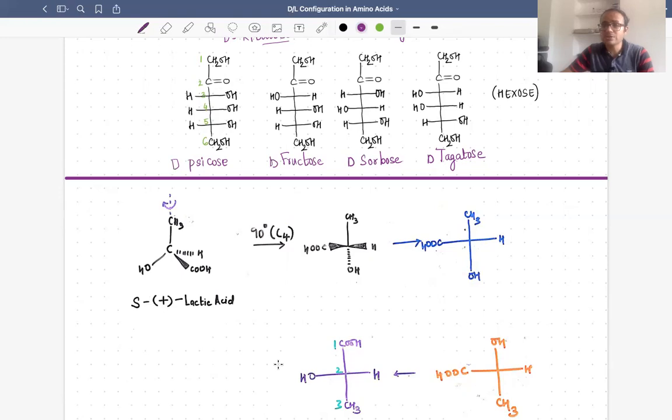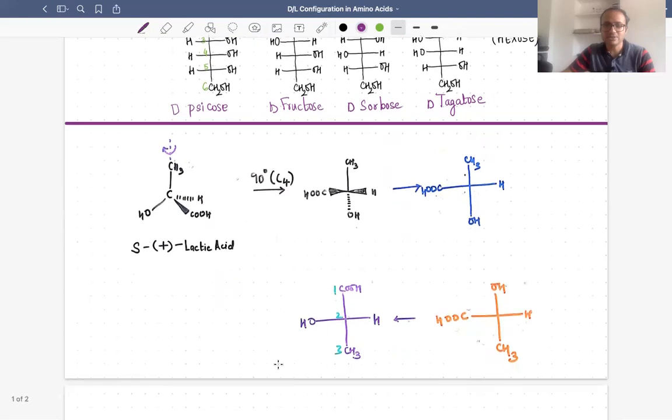And that is so because molecules like lactic acid or tartaric acid have been quite extensively synthesized from the corresponding glyceraldehyde, and therefore their correlation is so vibrant that we still do stick with the capital L and capital D configuration in these molecules. Okay, so that's why in this video I'll also try to discuss that.